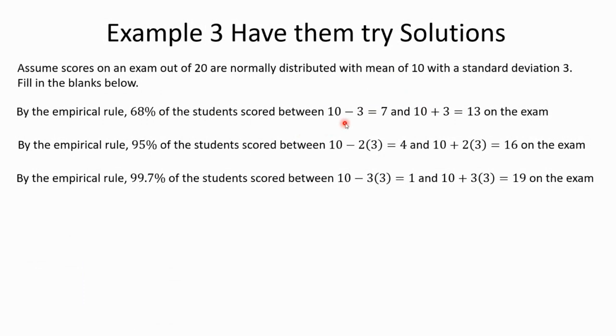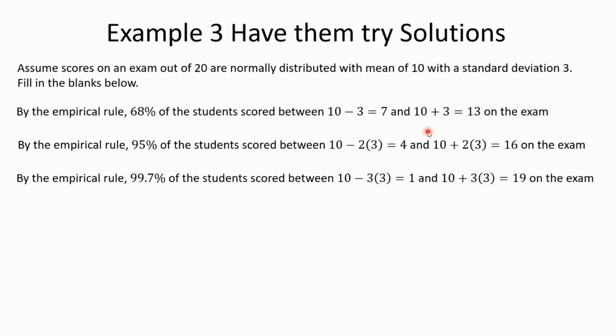So 10 minus 3 equals 7. 3 is the standard deviation, 10 is the mean. So 10 minus 3 is 7. 10 plus 3 is 13. So we're subtracting and adding the standard deviation. So we get 7 and 13.